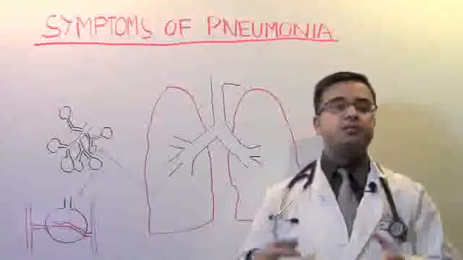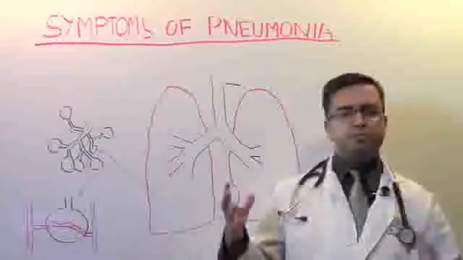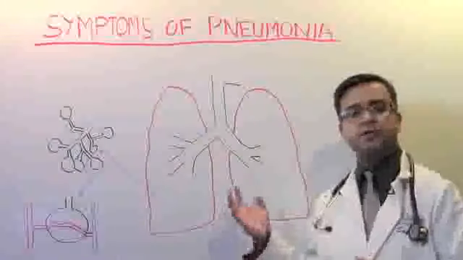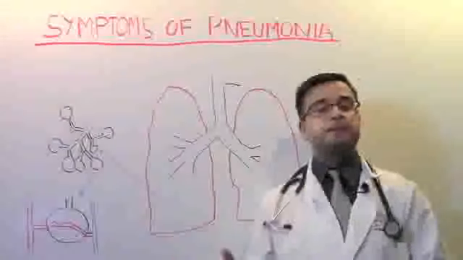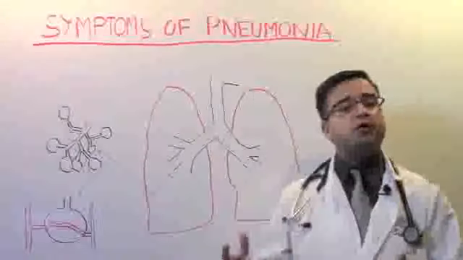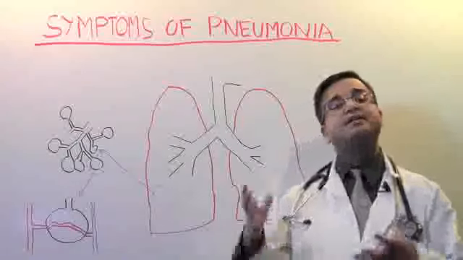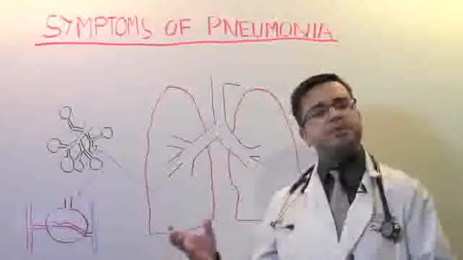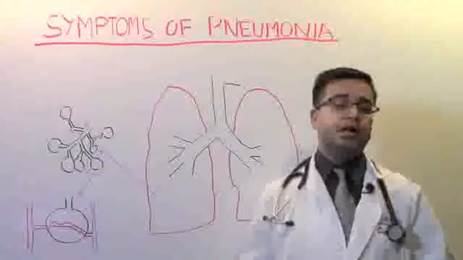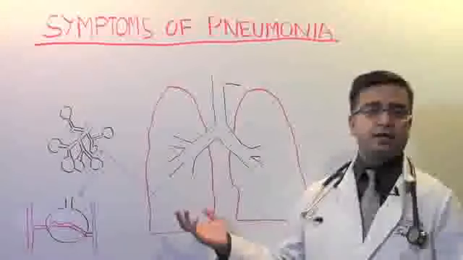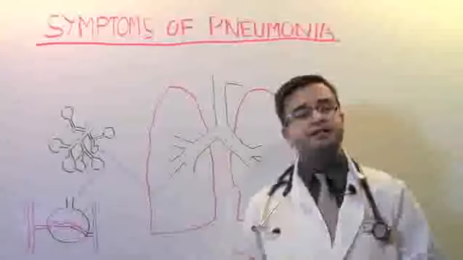If someone has damaged and scarred lungs, the nerves may not be that sensitive and they may not have much cough to start with. They probably have the pneumonia spread to a larger area of the lungs even before they start to have any symptoms. Their symptoms may be more from the swelling of the lungs than from the irritation.